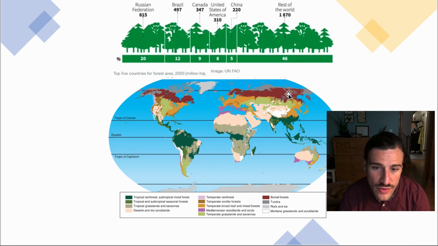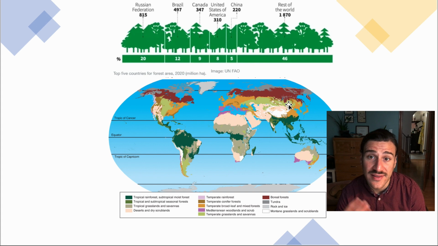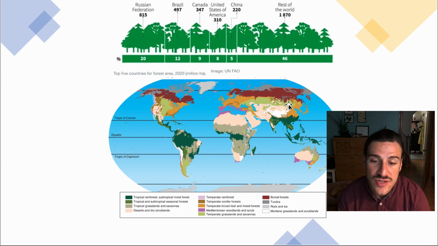Remember, this northern latitude, this red region, is taiga, or boreal forests. These boreal forests, also known as taiga, are not very biodiverse. They're filled with conifer trees. It's really cold, so you don't have a lot of productivity. So yes, area is a big thing, but depending on where those forests are, you're going to have totally different ecological interactions.